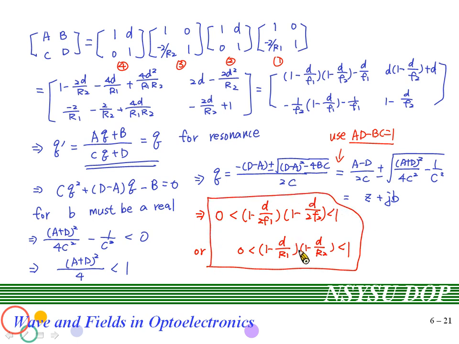These two are the conditions for us to construct a Fabry-Perot resonator by using two curved mirrors.